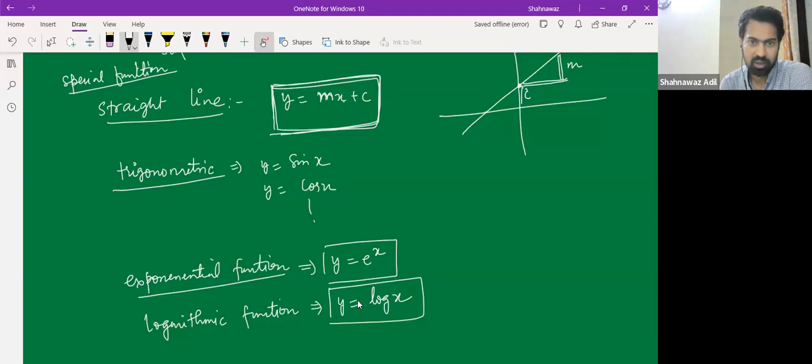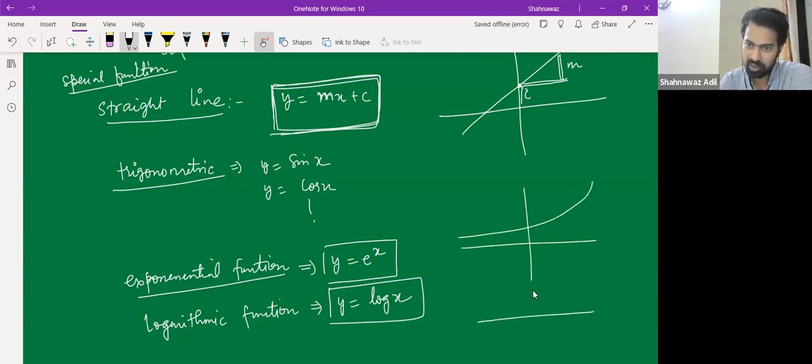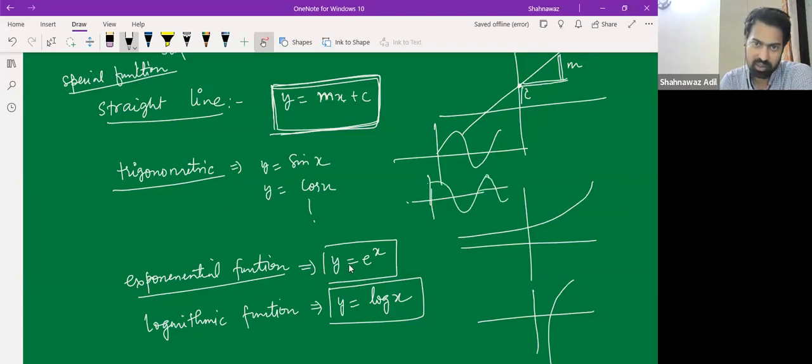You will see that the exponential function is described by this, and this logarithmic function is described by this. And sine and cos: sine is this one, and the cos one starts from 1 and then goes something like this. So these graphs you should remember.